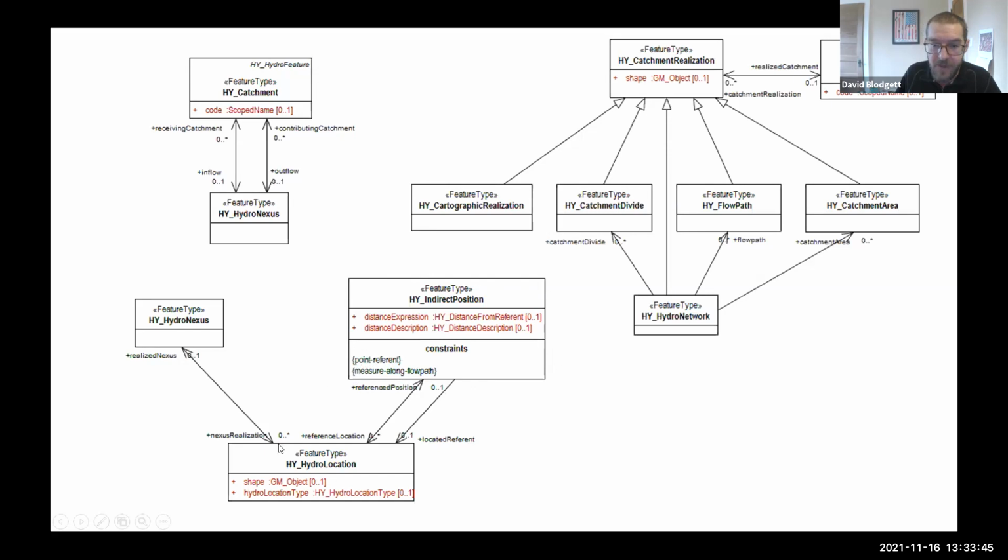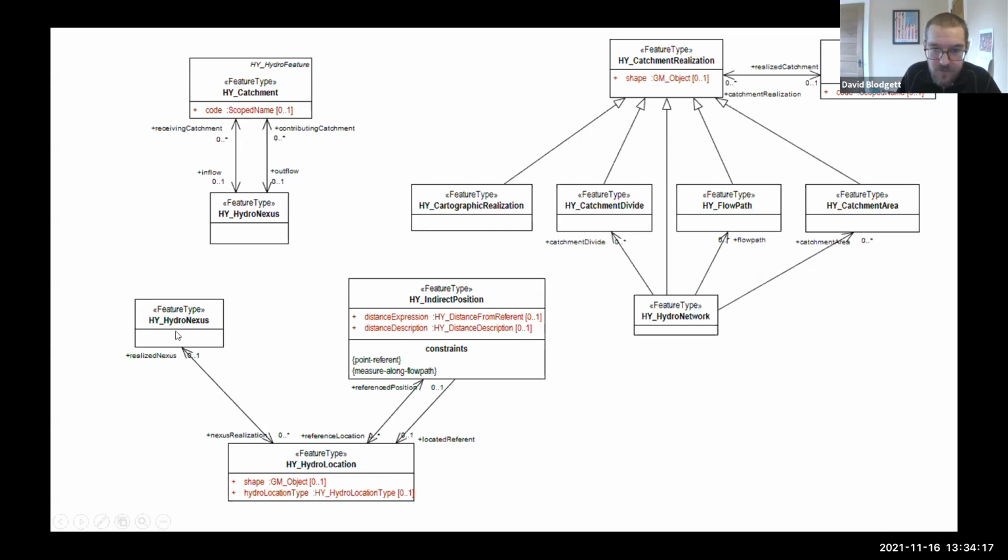And the hydrolocation is, say, the stream gauge that the event is locating on the network, right? Or whatever thing is being located along the network. It has an indirect position that is expressed as an event feature. And so in HY_Features parlance, that's an indirect position. So this association from a hydrolocation to a nexus is basically to say that any location can be thought of as a nexus.